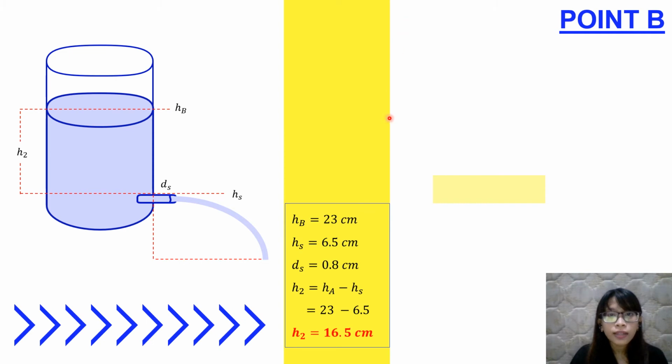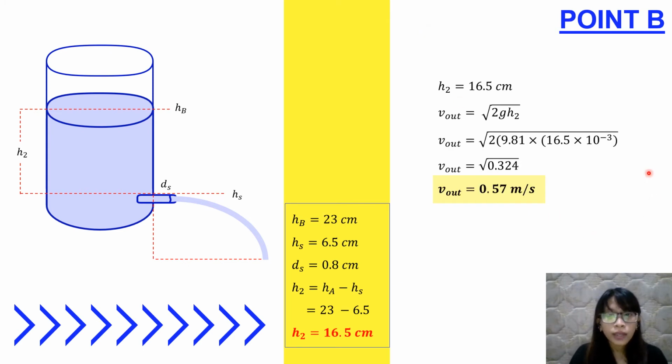So the height difference, which is h2, is 16.5 centimeter. Then we compute into the formula of V out, which is square root of 2gh2, and we plug everything in here, and then we get V out is equal to 0.57 meter per second.